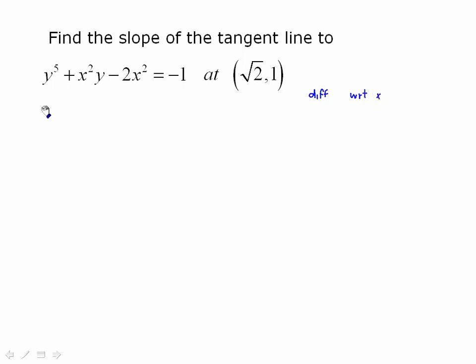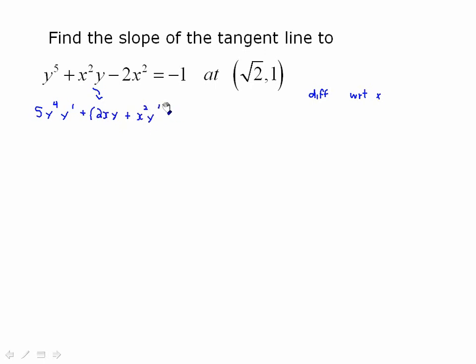So we would get 5y to the 4 y prime. Now we have to use the product rule on this one. So the product rule would state we take the derivative of the x squared term, so that's 2x multiplied by y, added to the x squared by itself times y prime.